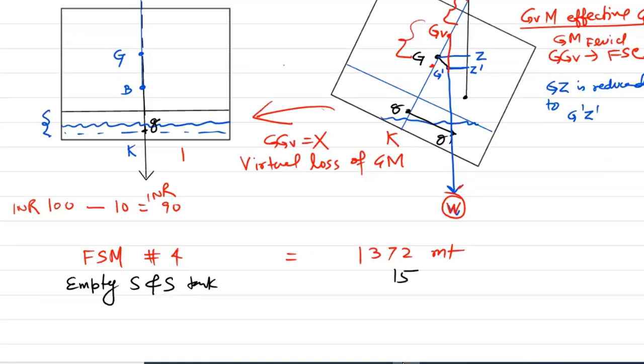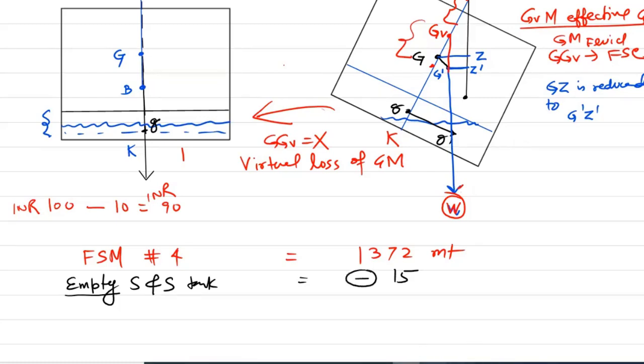Should I add or subtract 15 in order to find the final free surface moment? The tank is empty.